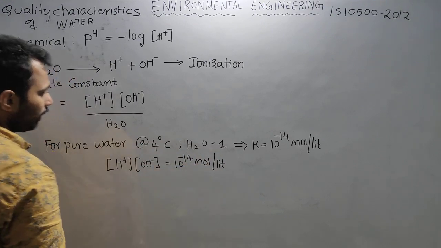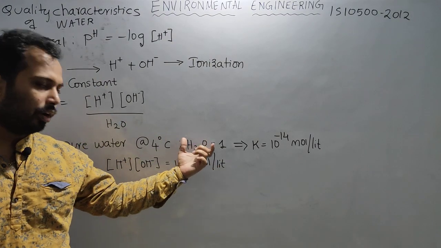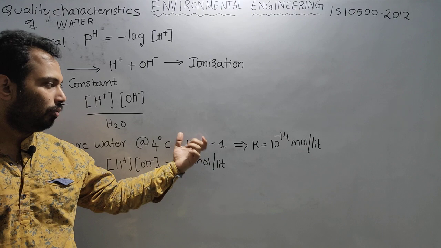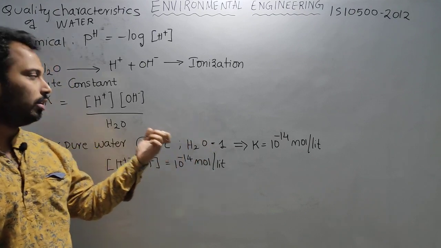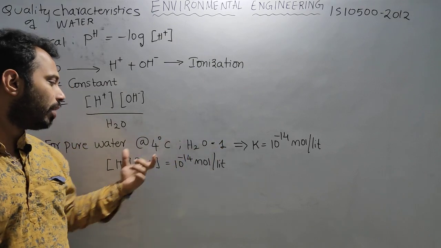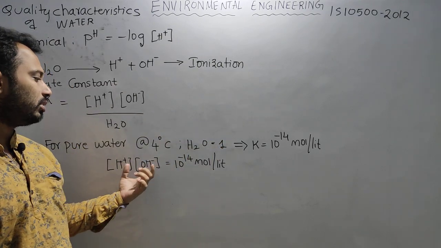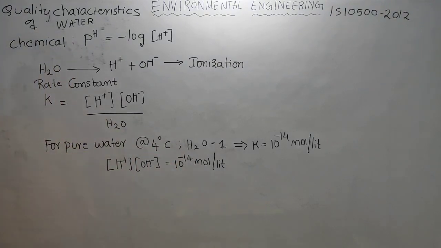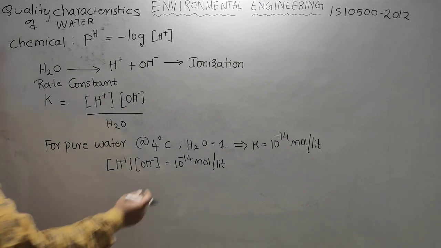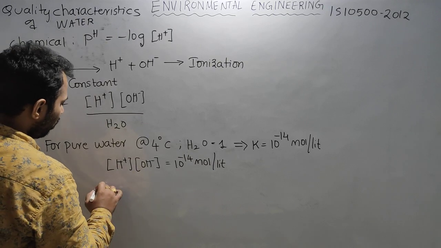So a unit of water molecule, if you have taken a single mole, then this unit will get divided into two parts, that is H plus and OH minus, which have a product of concentrations equal to 10 to the power of minus 14 mole per liter.